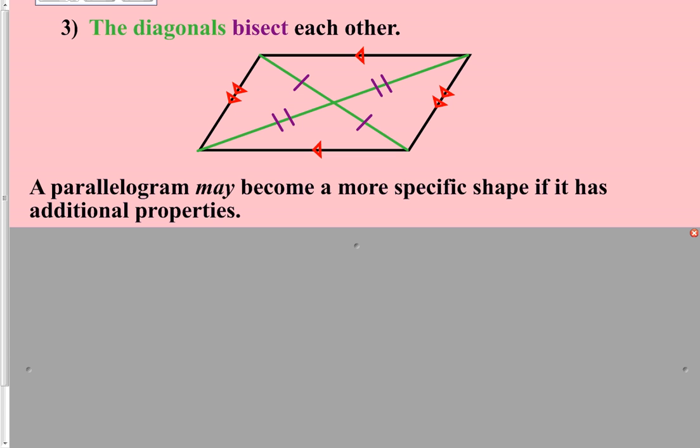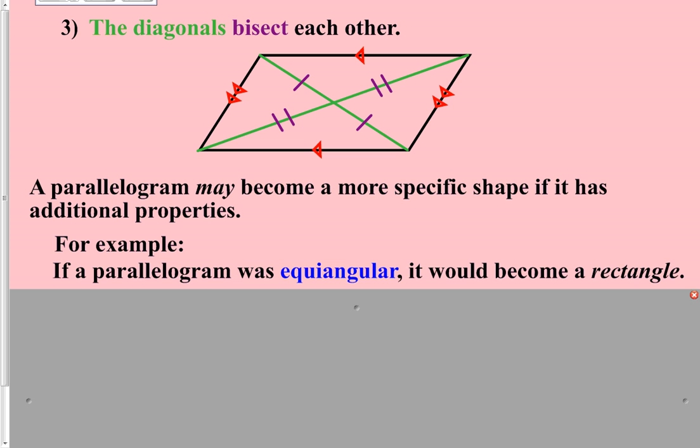But let's say also that your parallelogram was equiangular. So we're not just saying that the opposite sets of angles are congruent, but now let's say that all 4 of the angles are congruent. And if that's the case, then you have a new term, rectangle.